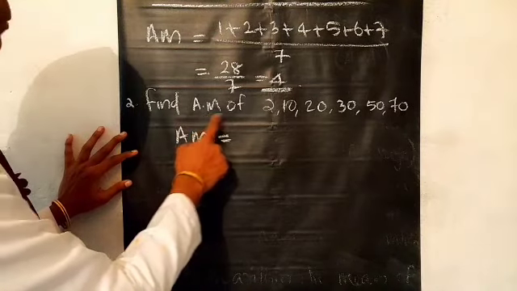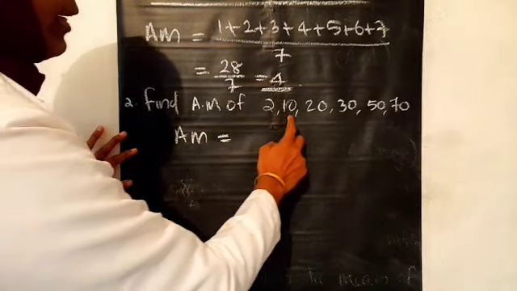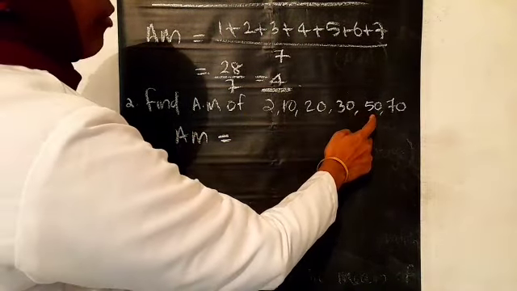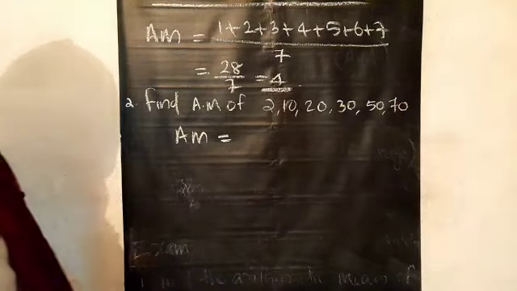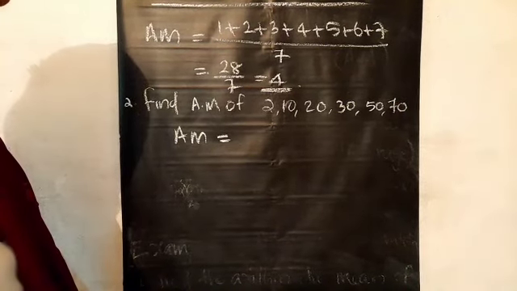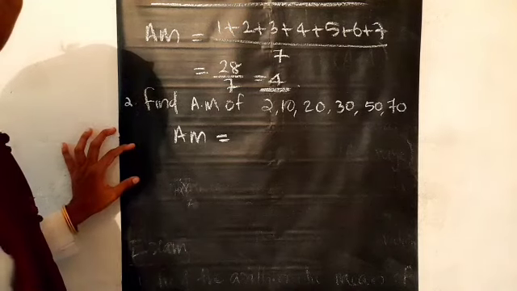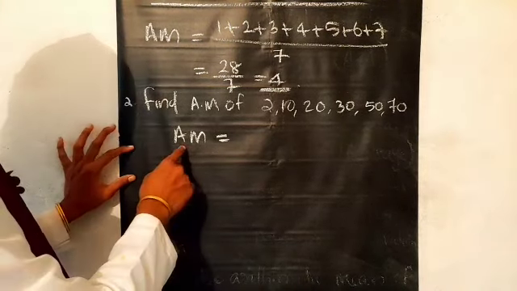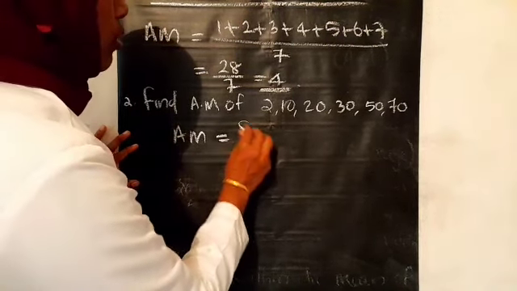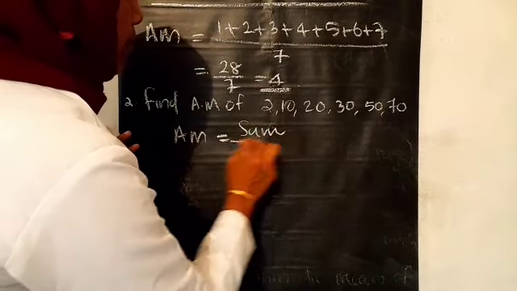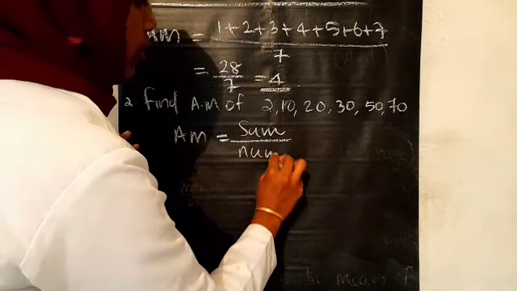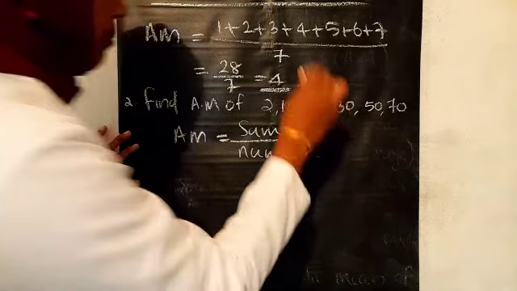Find the arithmetic mean of 2, 10, 20, 30, 50, 70. We have to find the arithmetic mean of these numbers. Tell me, students, what is the first step? You're right: arithmetic mean equals sum divided by number.